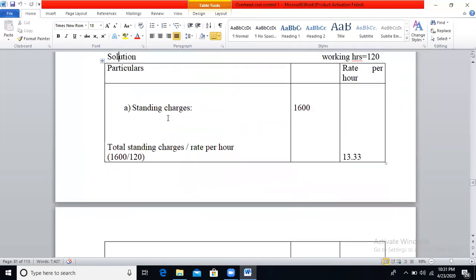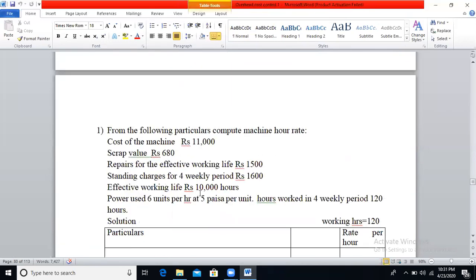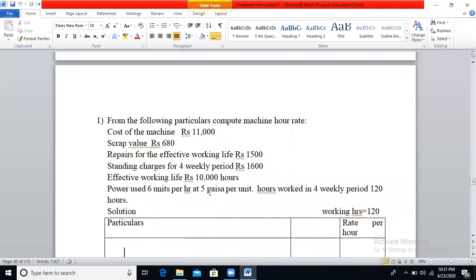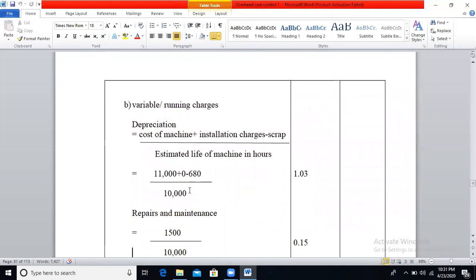They have given in the question directly: estimated working life of the machine will be 10,000 hours. So 11,680 divided by 10,000, you will get 1.03.